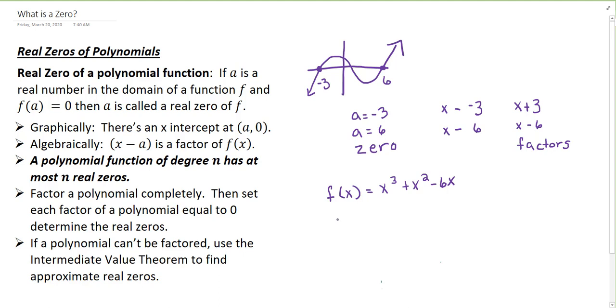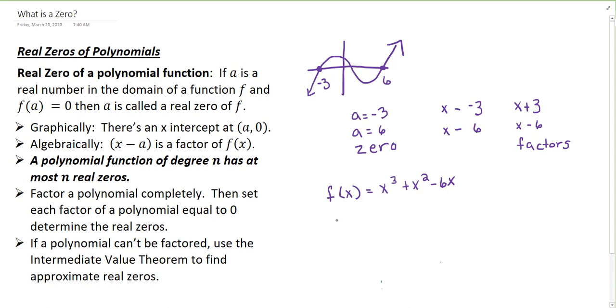Another method that we can use, aside from the quadratic formula, because we're not always dealing with quadratics, is our methods of factoring. So this could be if you have a greatest common factor, it could be reverse foiling, could be the method of grouping. All the factoring techniques you've learned about in the past you could use to help factor your polynomial down so that you could get your zeros.